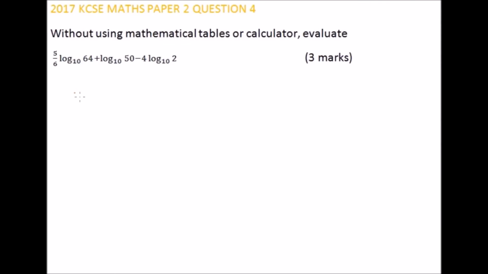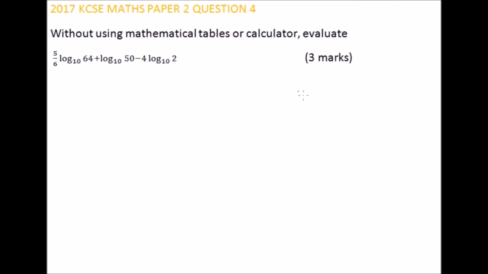So this is a question that was done last year, 2017 Paper 2 in maths, and it says without using mathematical tables or calculator, evaluate 5/6 logarithm of 64 to base 10 plus logarithm of 50 to base 10 minus 4 logarithm of 2 to base 10.